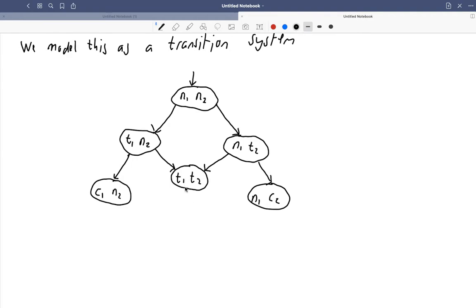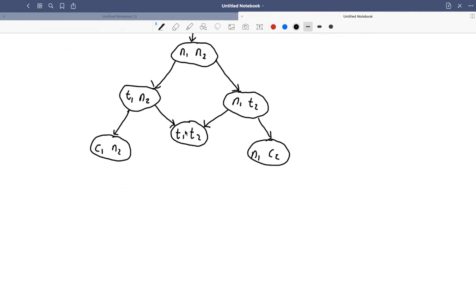Here we've got two processes trying for the resource, so either one of them might become critical. So maybe process 1 will become critical. So then we go to critical 1, and then process 2 is still trying for the resource. Of course, it now cannot get access to the resource.